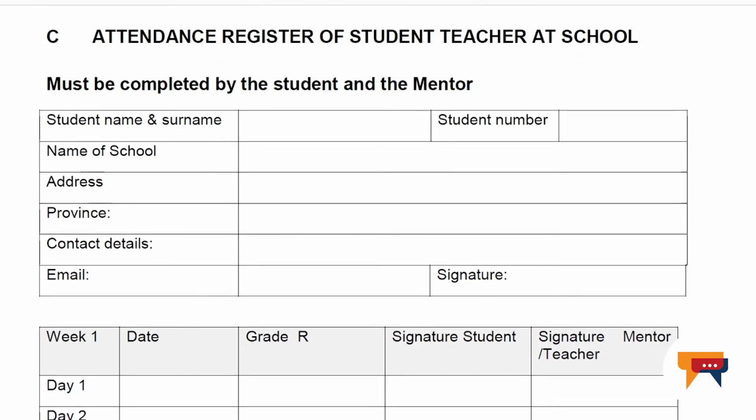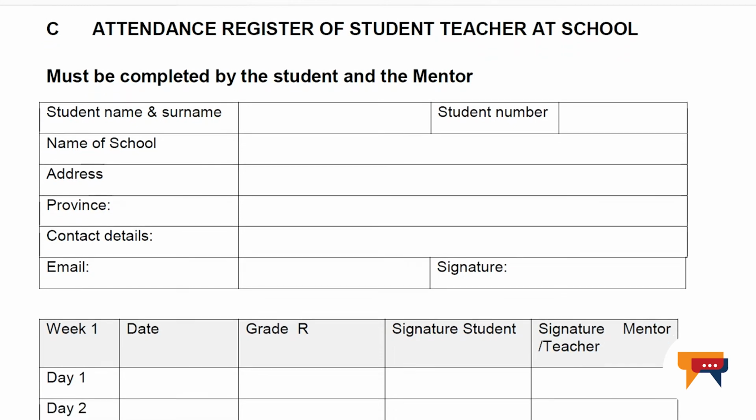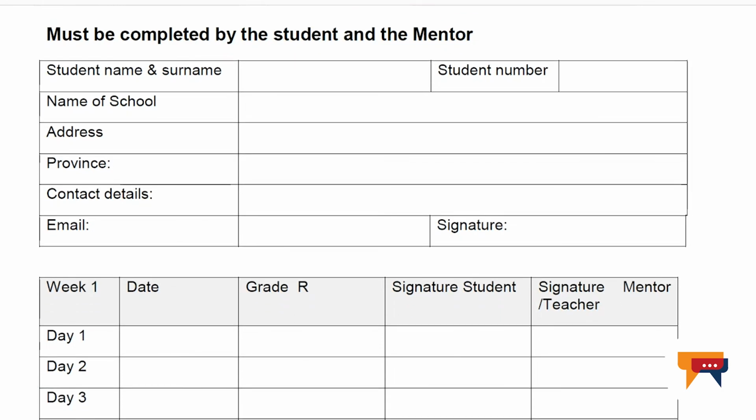Section C is your attendance register. It must be completed by both the student and the mentor. Both of you complete this. The student name and surname, the student number, the name of the school, the address of the school, including the zip code or the area code, the province where the school is, or for an international student, the state where the school is, the contact details of the school, right?